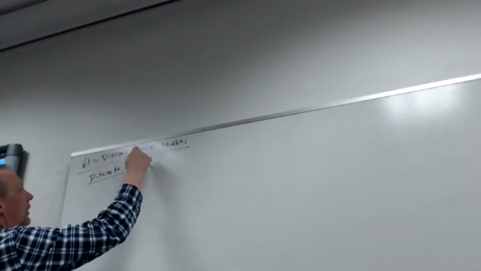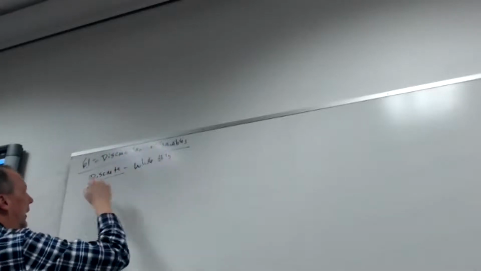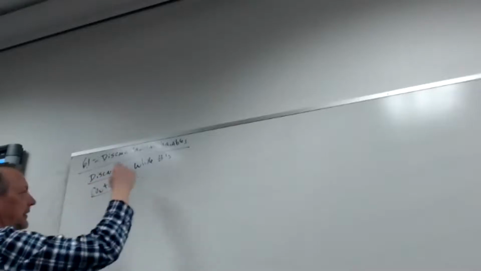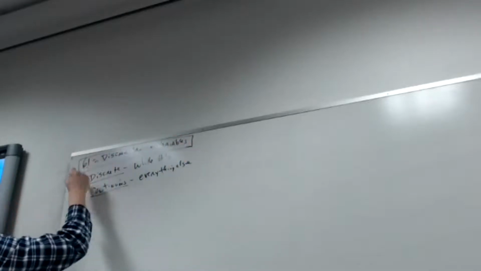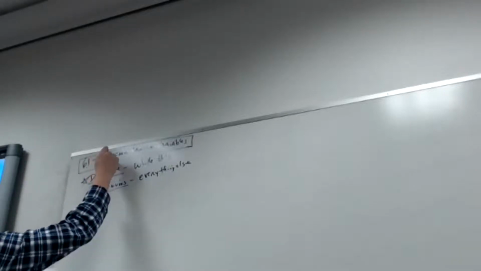Whole numbers. Okay, and what is continuous? Fractions, decimals, everything else. So if we're going to be talking about discrete random variables, we're going to be talking mainly about whole numbers today. So that's the discrete part here.